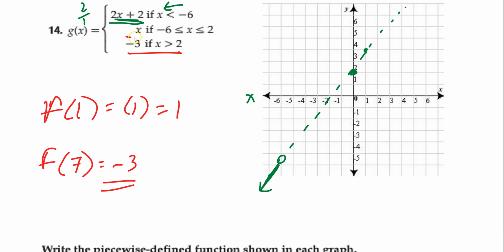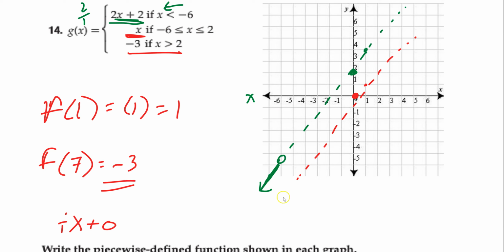Now let's graph the middle one, x. Remember the easiest way to graph x is just add a plus 0. So we're starting at 0. And I have a slope of 1 over 1. So I'm going to go up 1 over 1. Dotted line. Oh, I can never get that straight. And in this case, I want between -6 and 2.